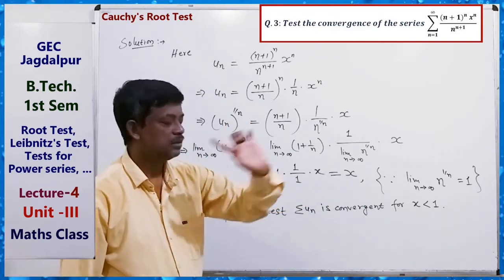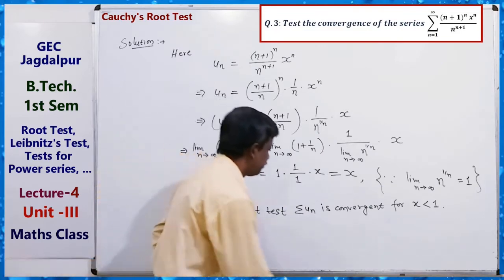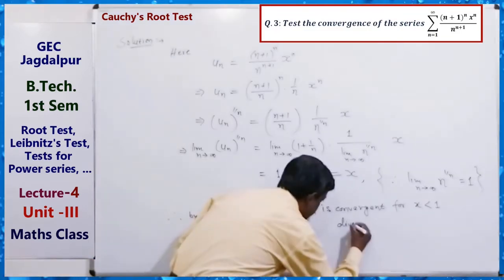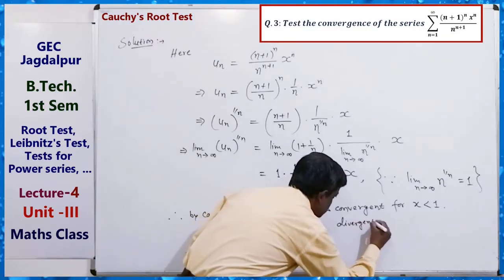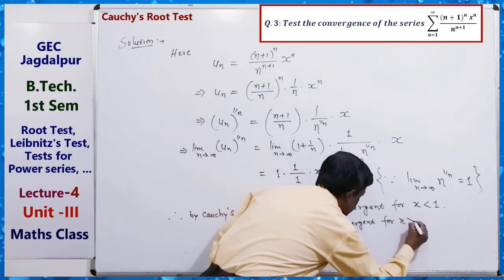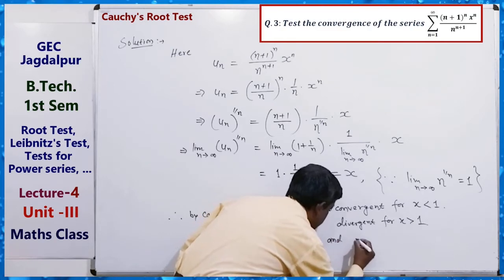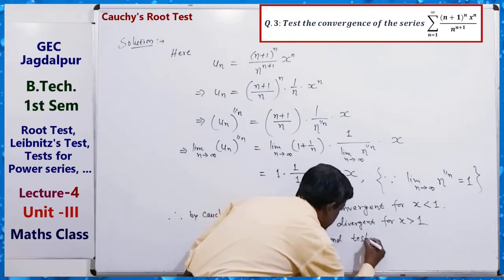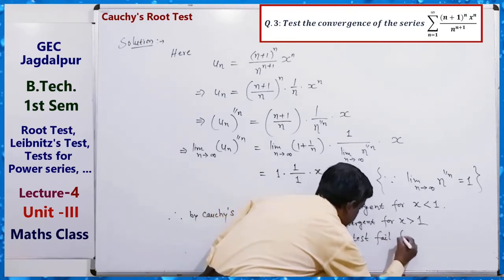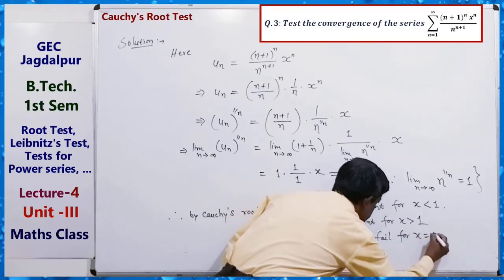It is convergent for x less than 1, divergent for x greater than 1, and the test fails for x equal to 1.